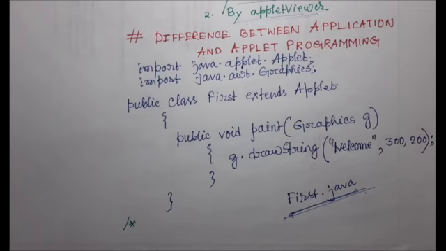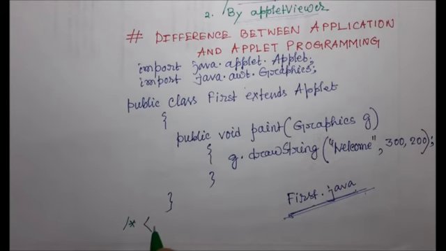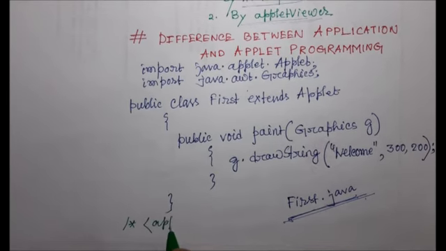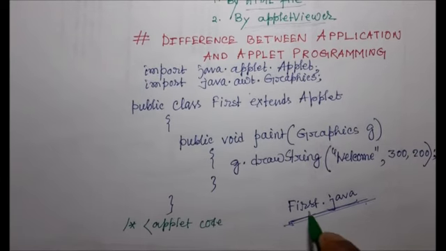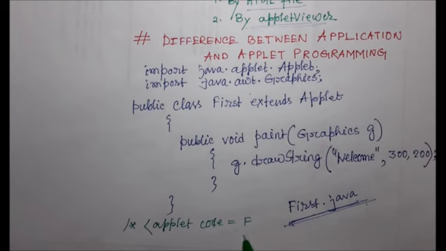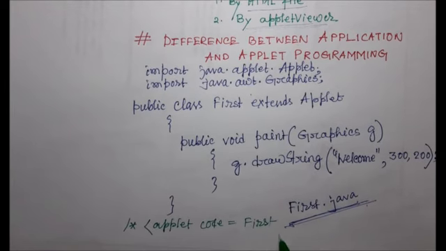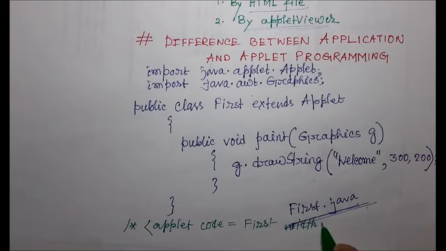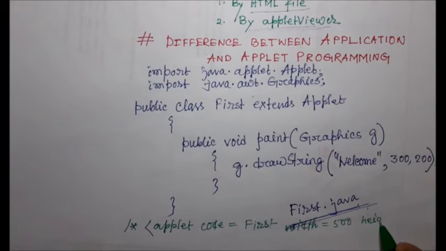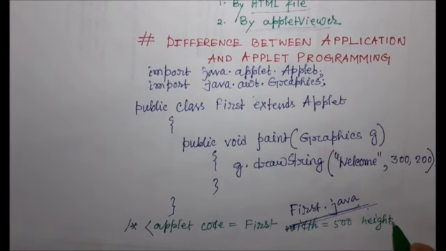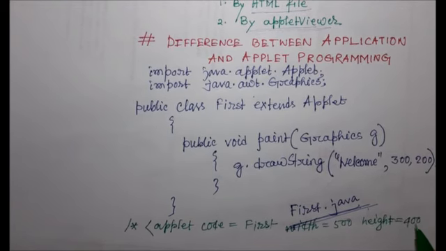So if I want to write it, first my applet tag, applet code. What is my file name? First.java. So I have to write first.java, or we can simply write first. And we have to mention the width, for example 500, and the height, for example 400.